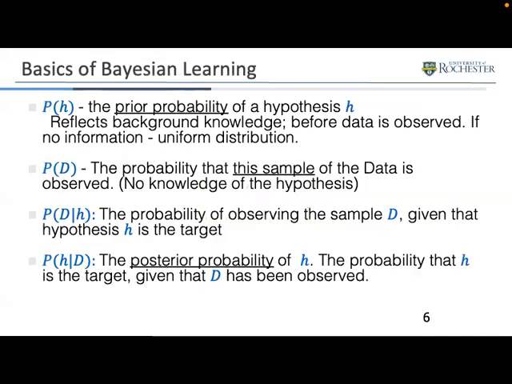This is a formal definition. We have P(H), P(D|H), and P(H|D). Here H represents the hypothesis, and P(H) is the prior probability. If we want to apply the Bayes rule, we want to reach the posterior probability of H, so we use learning to finally get this posterior distribution.